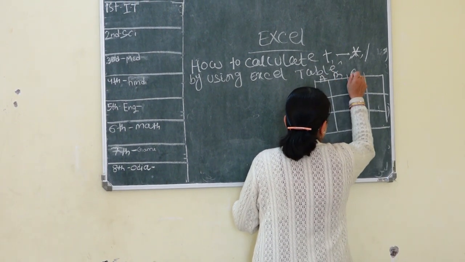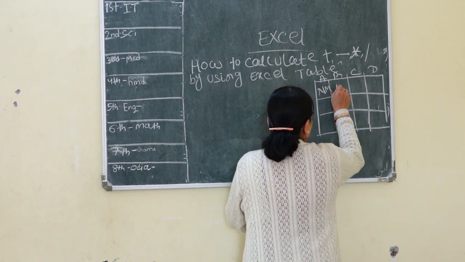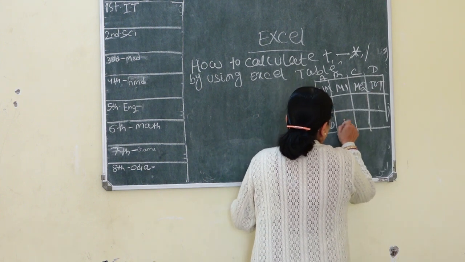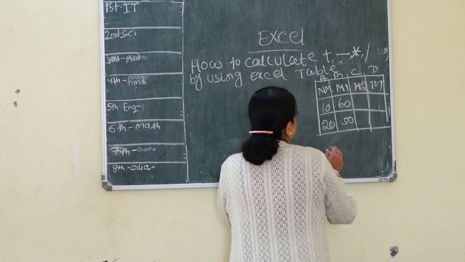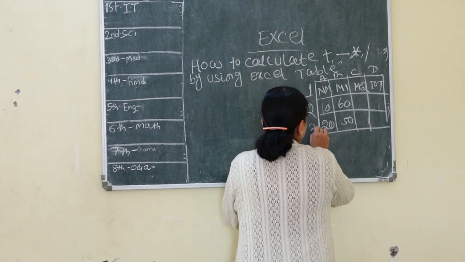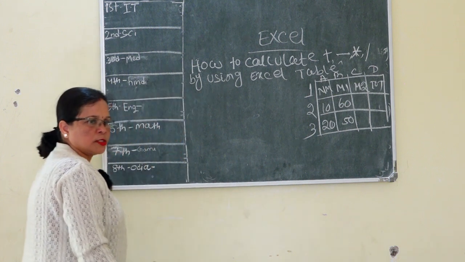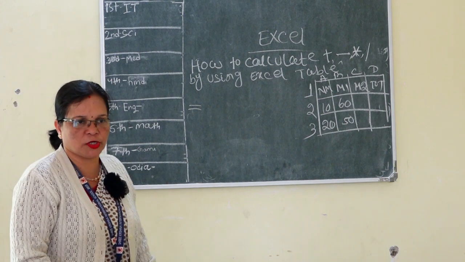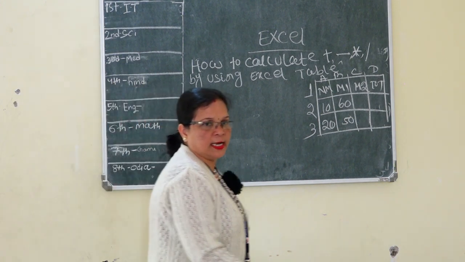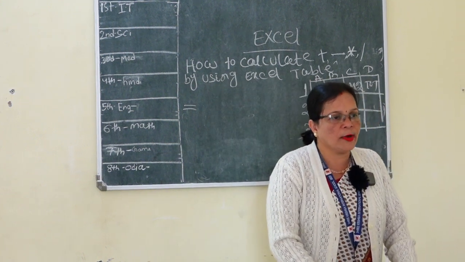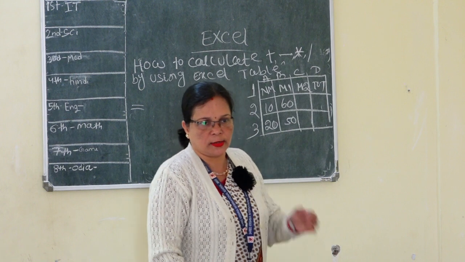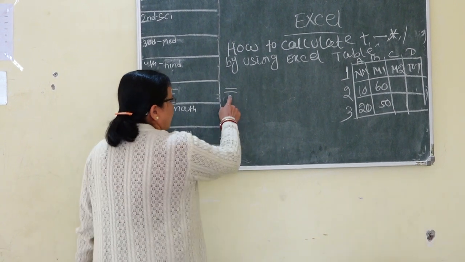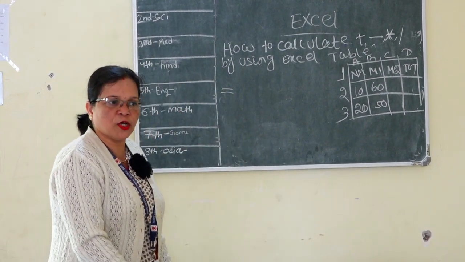A, B, C, D, name, mark 1, mark 2, total, 10, 20, 50, 60, 1, 2, 3. So how to calculate plus minus into division? In Excel, each and every formula must start with the equal sign. When you write any formula in Excel, first you will give the equal sign.